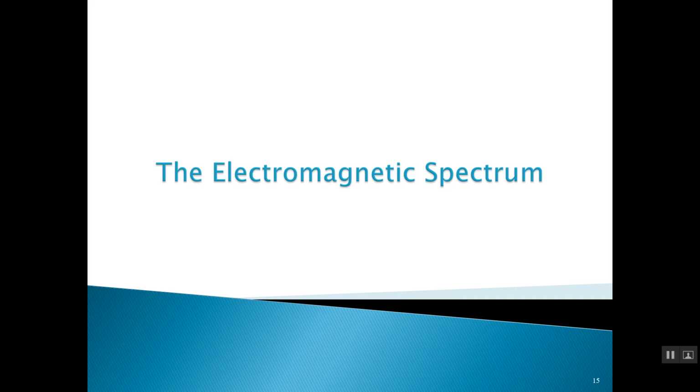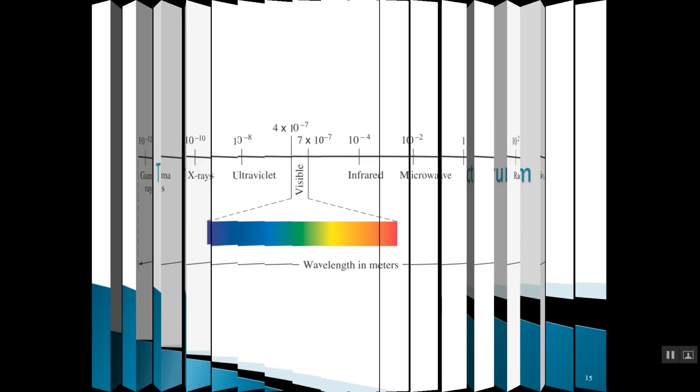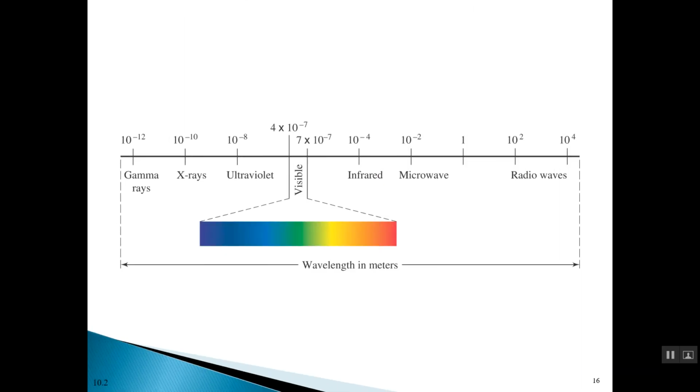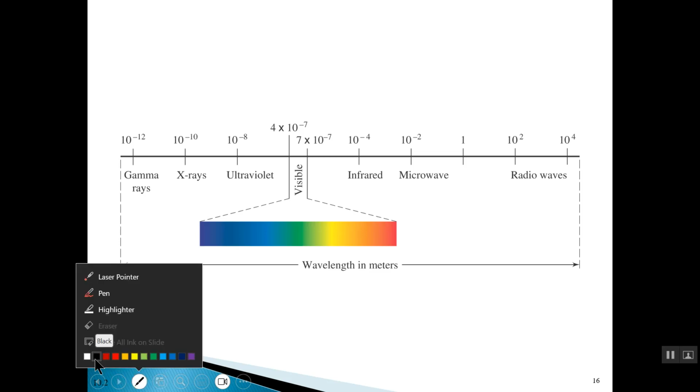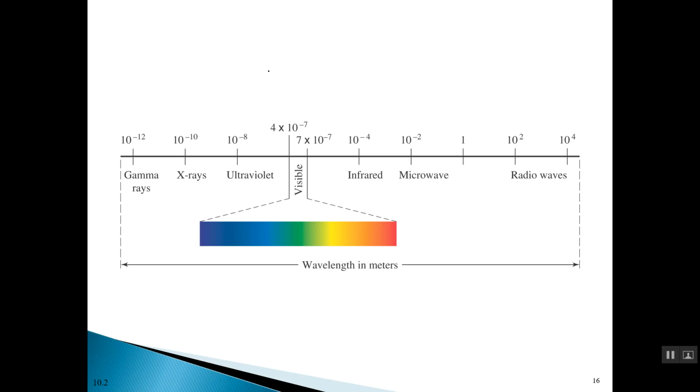The electromagnetic spectrum is basically a listing of all forms of radiation according to either increasing wavelength or increasing frequency. All right. Now let me just say something here before I talk about the spectrum. Going back to the equation I gave you earlier, remember I said that the speed of the radiation, which is c, the speed of light, is equal to lambda times nu, right?